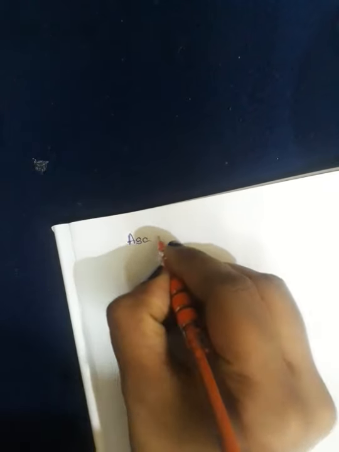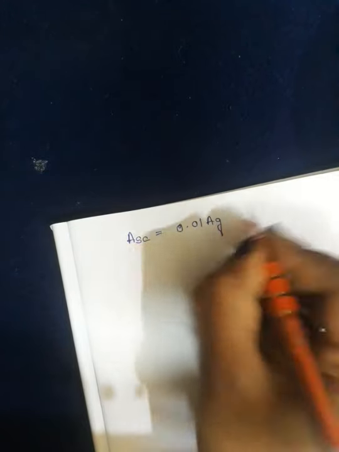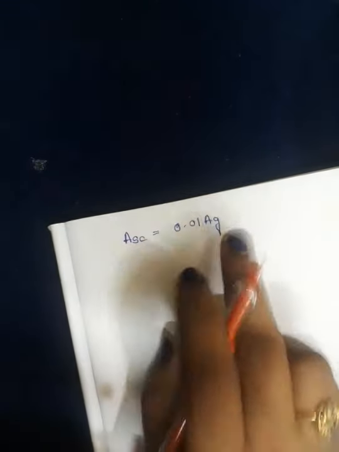So we'll substitute that in Asc and find the Asc value. We want the area of steel to be provided in the column. For that, Asc is equal to 0.01 AG. In previous steps we have calculated Asc in terms of AG.